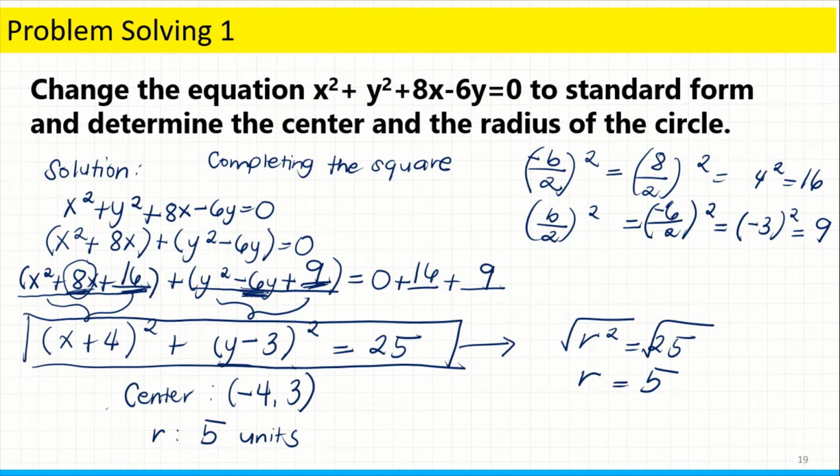So another way of solving for the center and the radius of the circle is through using the formula that I gave earlier.